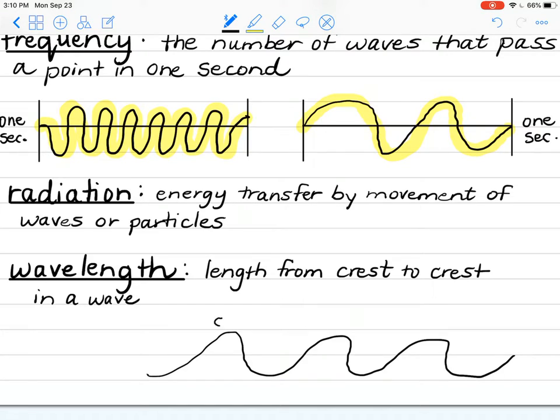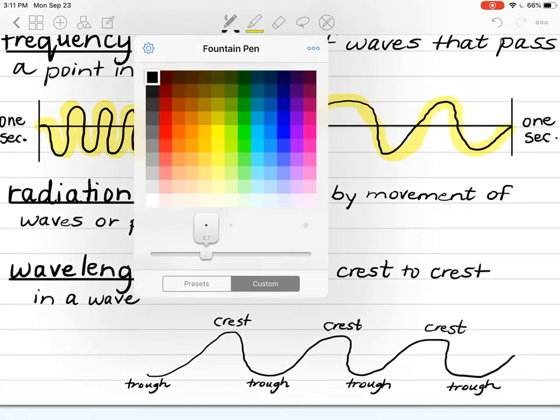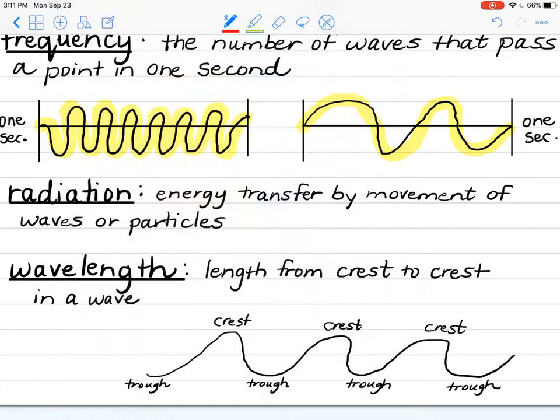This is called a crest. This is called a crest. And this is called a crest. This is called a trough. There's a trough. There's a trough. Here's a trough. Or part of one. So a wavelength is this distance right here.